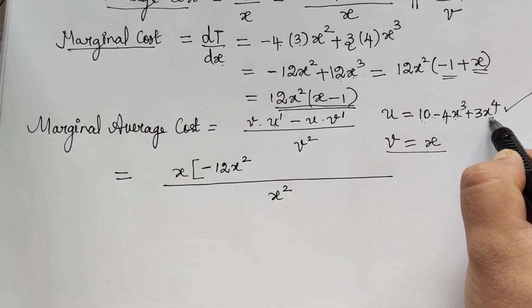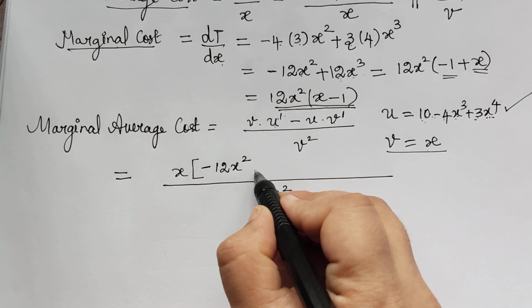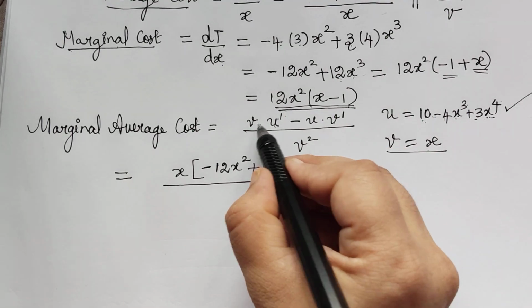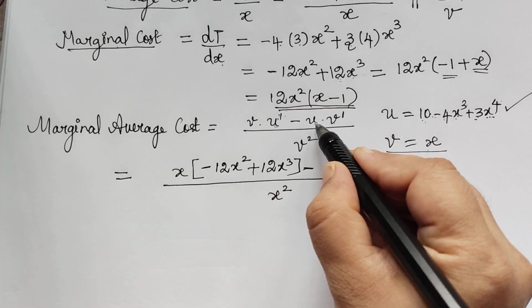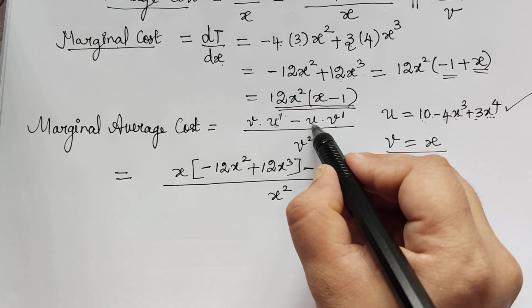And then the differentiation of 3x to the power 4. Differentiation of x power 4 is 4x cube, and 4 multiplied with 3 gives us 12x cube. So plus 12x cube. So v u dash is done, minus u v dash.